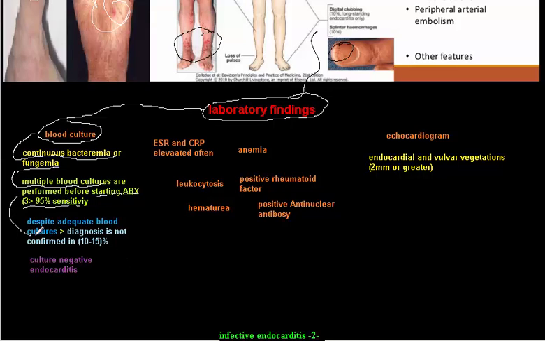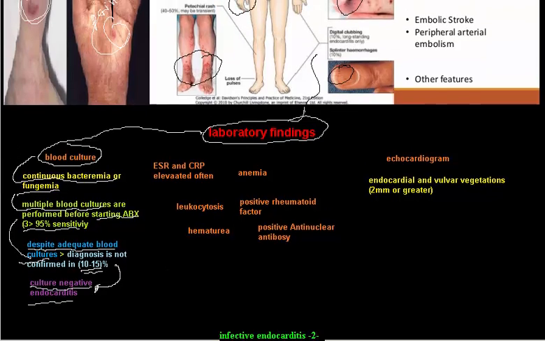Despite taking adequate blood cultures, in 10 to 15% of cases we may have negative blood cultures though we still have endocarditis. This is culture-negative endocarditis, and that happens with some distinctive microorganisms.